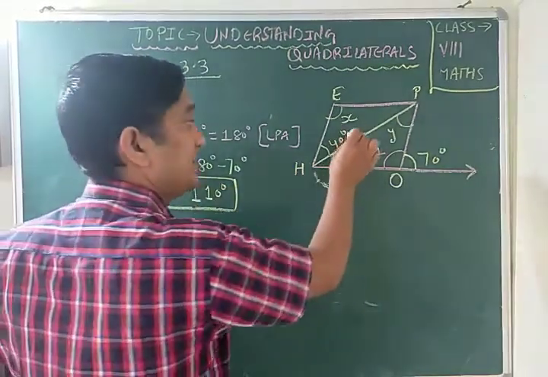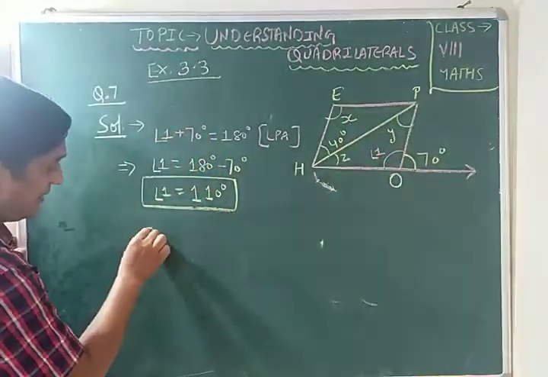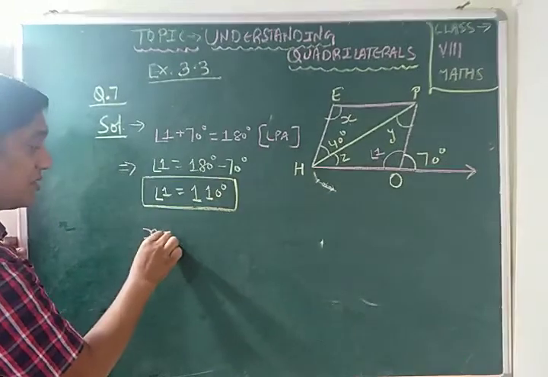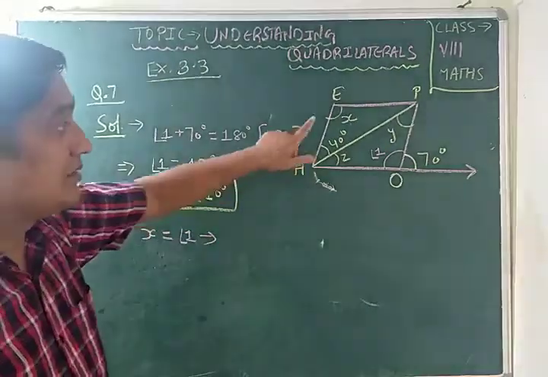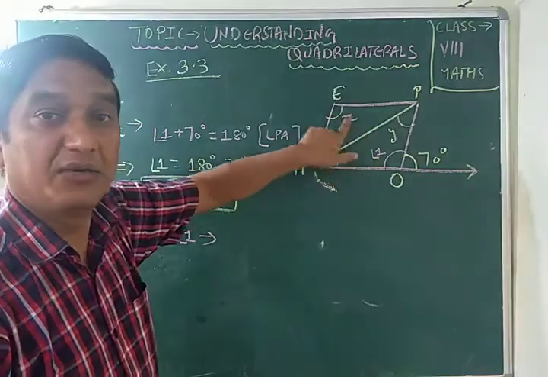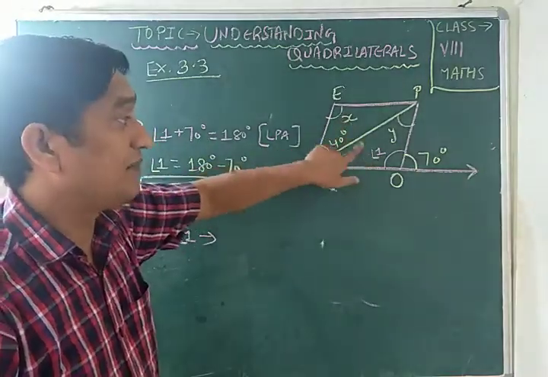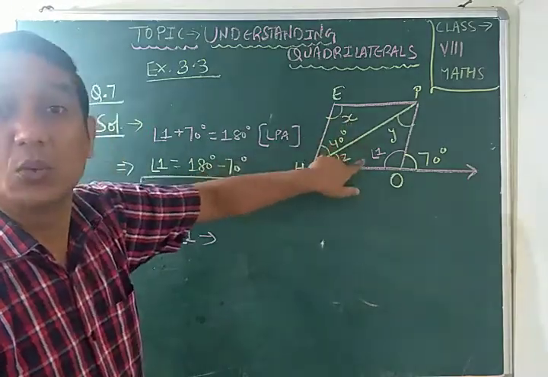Now find the relation between angle x and angle y. Angle x is equal to angle y. Children, we know that angles x and y are opposite angles of a parallelogram, and if they are opposite angles of the parallelogram, they must be equal.